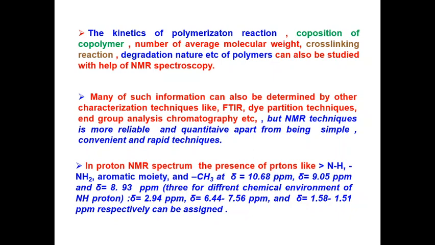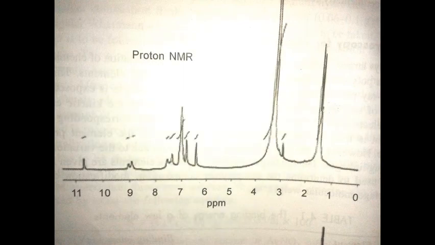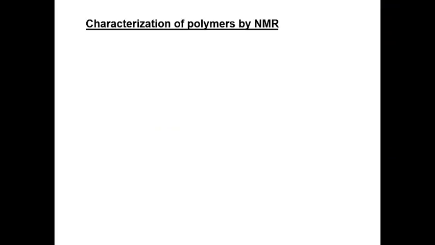So the chemical shift of NH is this much, 10.68, then aromatic moiety is 9.05, and then CH3 is 8.93, like that. As you go ahead, you can see this proton NMR and the chemical shifts are given here.